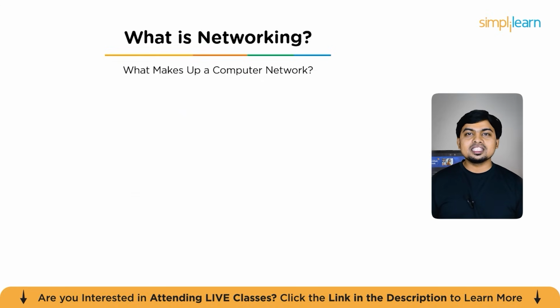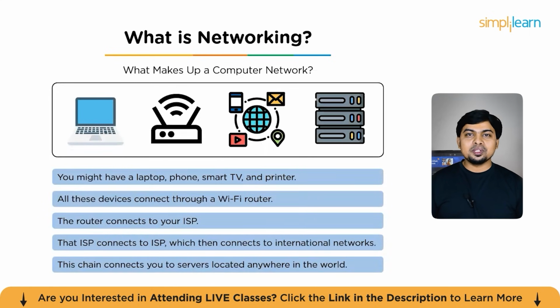Now, what makes up a computer network? When we say computer network, we are referring to a collection of devices working together, such as laptops, smartphones, smart TVs, cameras, printers, IoT devices like smart lights or thermostats, etc. These devices are linked through wired connections like Ethernet cables, wireless links like Wi-Fi or Bluetooth, etc. To make all this communication reliable, we depend on hardware components such as routers to direct traffic, switches for connecting multiple devices within a network, and modems translating signals between your home and ISP.